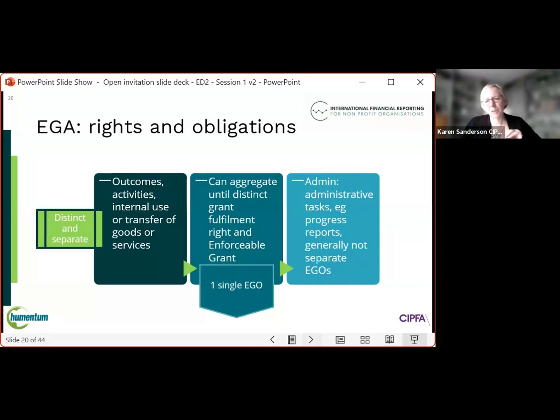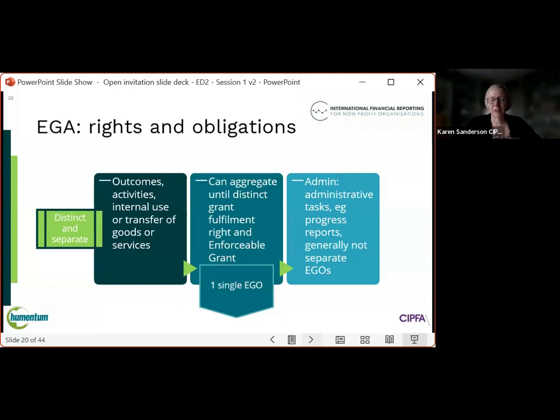The guidance also says that the monitoring of progress against an enforceable grant obligation is probably in most circumstances an administrative task and not an enforceable grant obligation on its own.